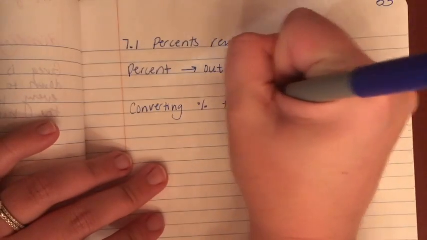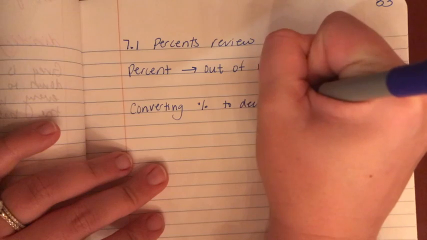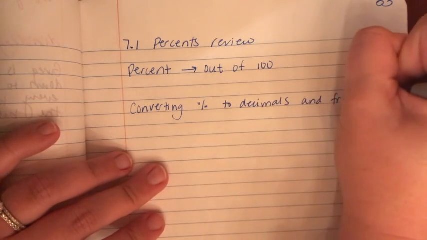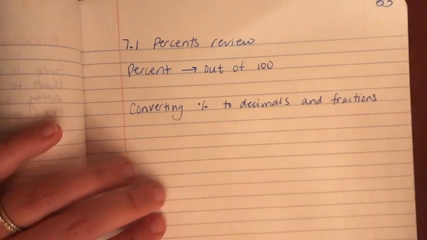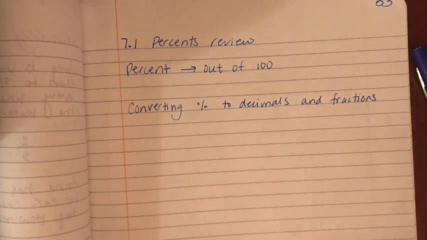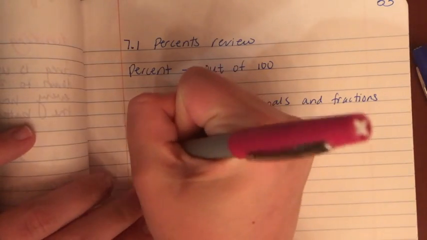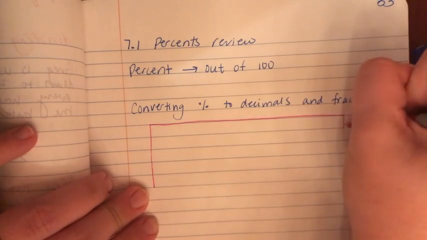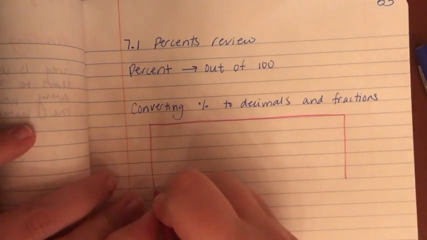Percents to decimals, and then we'll also do fractions. Okay, so for convenience, let's draw a table, and we will just fill this in together. We'll just do some examples.